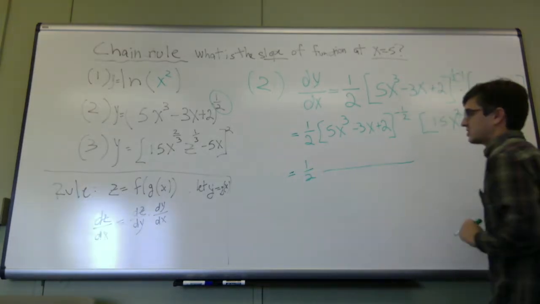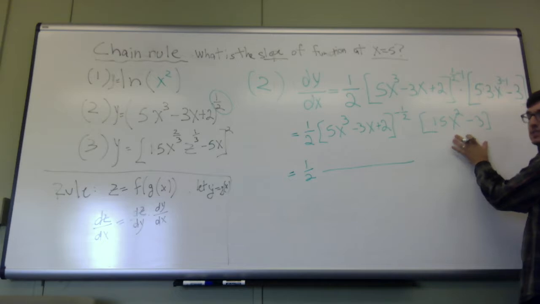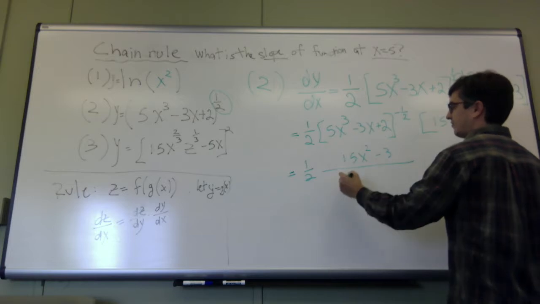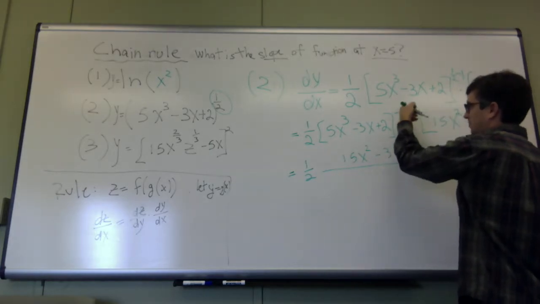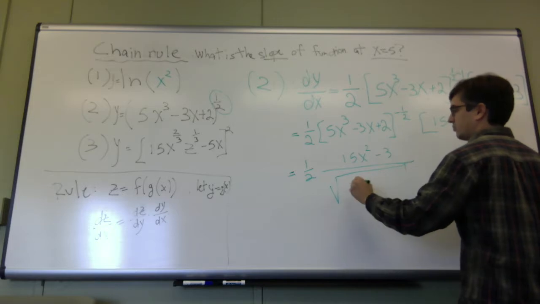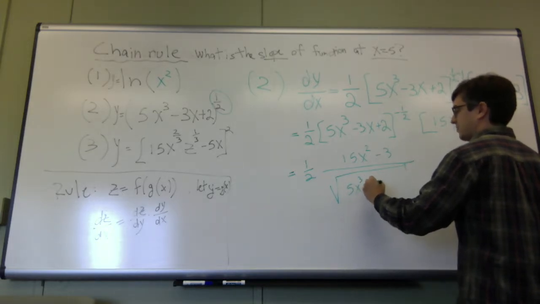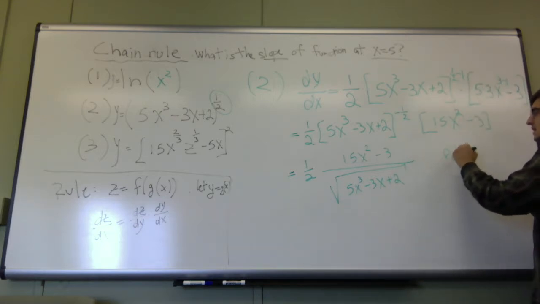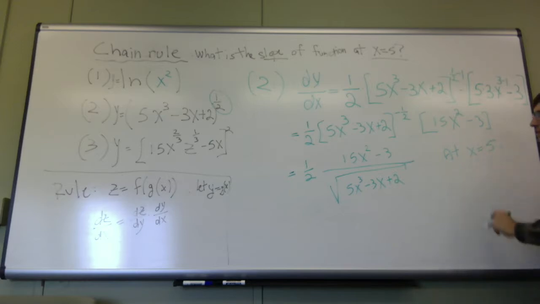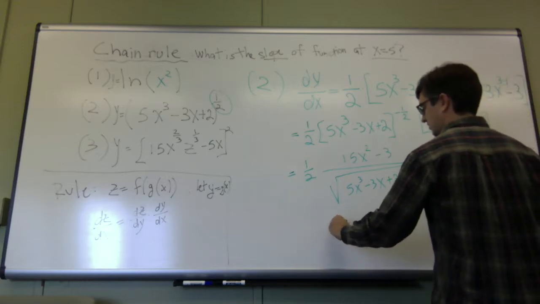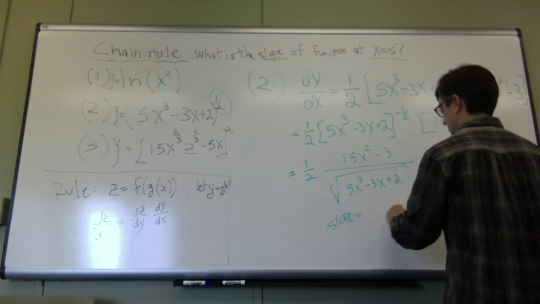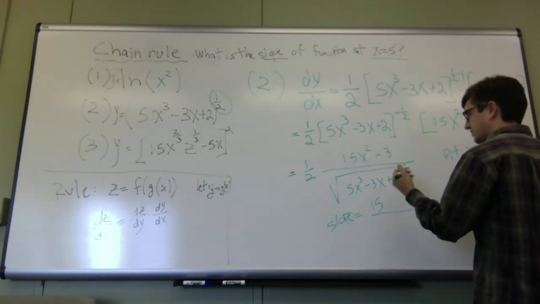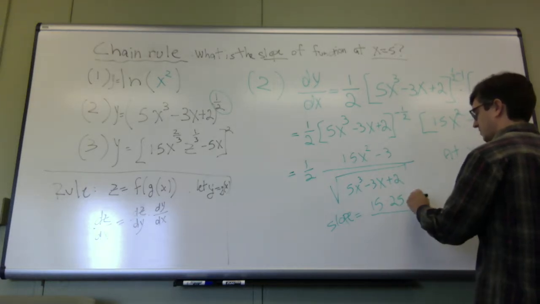We can create this as a fraction. On the top we're going to have 15x squared minus 3, and on the bottom we're going to have all this to the power of 1/2, or in other words the square root of 5x to the third minus 3x plus 2. Now at the point x equals 5, what we have is that the slope is, on the top, 15 times x to the power of 2, so that's 5 times 5, so that's 25, minus 3.